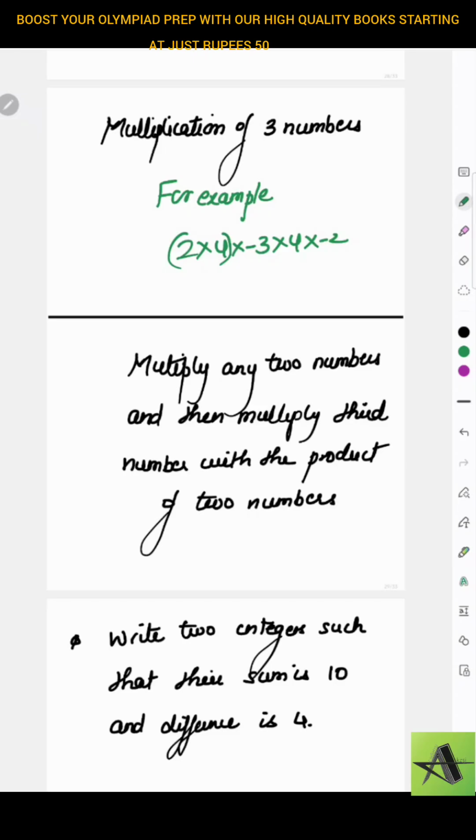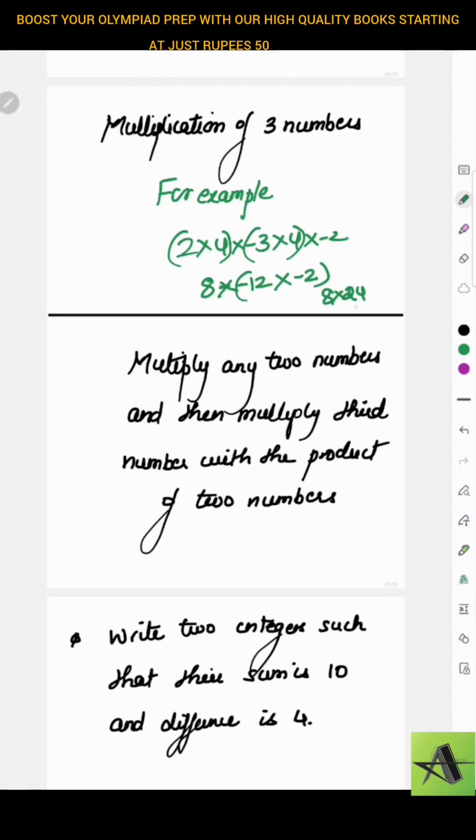So let me make the groups. 4 times 2 is 8. 4 times negative 3 is negative 12, and negative 2. Now multiply these: negative times negative makes it positive. So 8 times 12 times 2 is 24. And then finally we multiply 24, and the answer is 192.